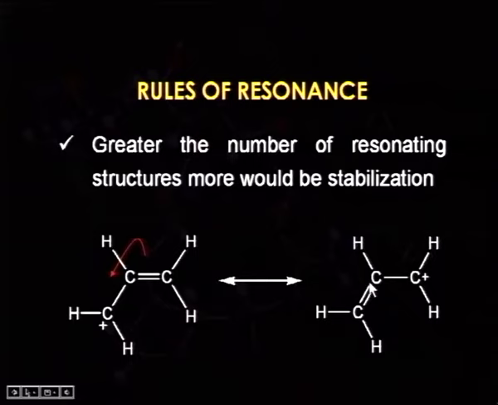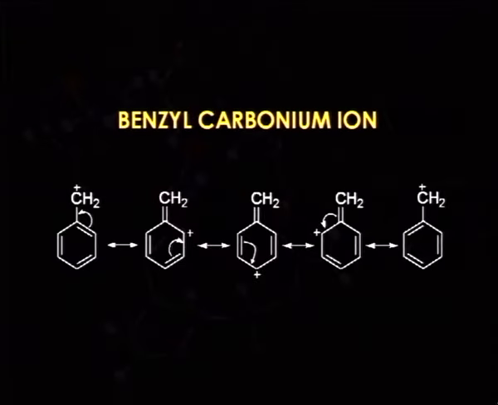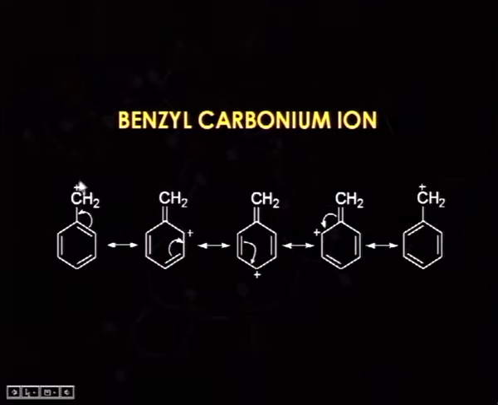If we compare the allyl carbonium ion with the benzyl carbonium ion, here we can see CH2 plus is bonded to a conjugated system. Because of the presence of this plus charge, the pi bond electrons present here will migrate from here to here and a plus charge will arise here.